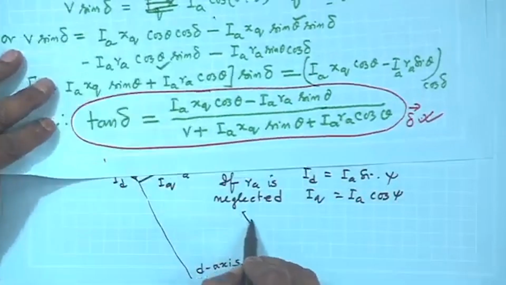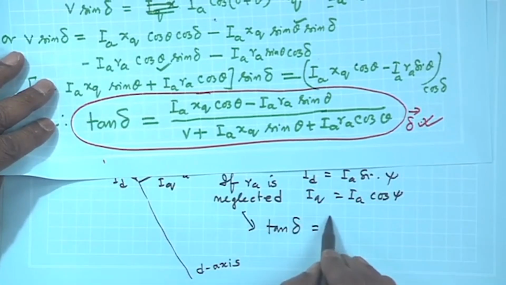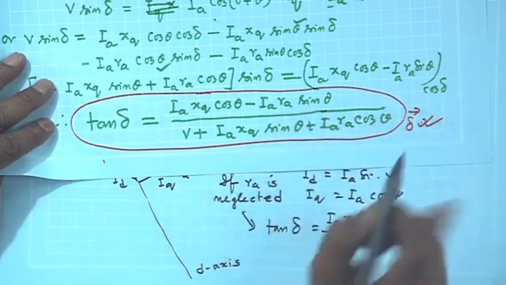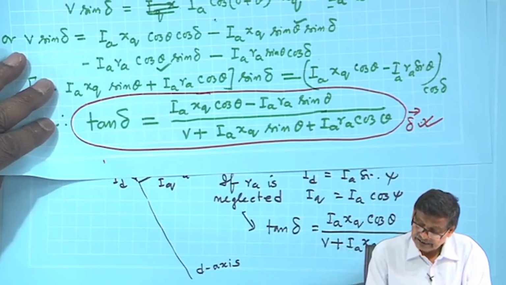If R a is neglected, then tan delta will be equal to I a x q cos theta, that I R a minus I R a cos theta sin theta will vanish, divided by V plus I a x q sin theta.